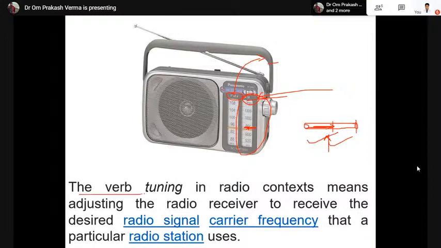Okay. So the verb tuning in radio context means adjusting the radio receiver to receive the desired radio signal, the carrier frequency that a particular radio station uses. Okay. So you want to set your frequency at which the radio station will run.